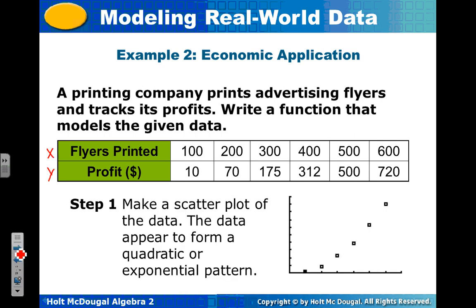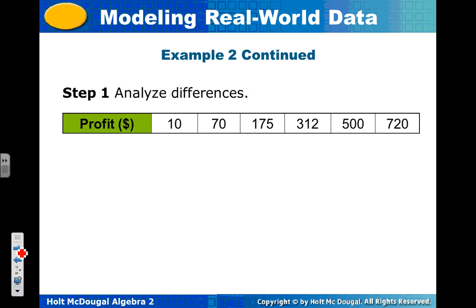So there's the scatter plot they drew. Let's look at the differences. We're looking at the Y values, which is the profit, because the X values are evenly spaced. We take 70 minus 10 and we get 60. Take 175 minus 70 and we get 105. The next ones we get 137, 188, 220.